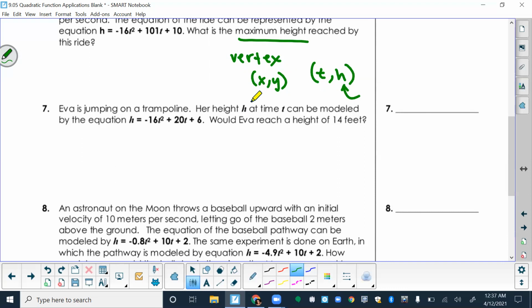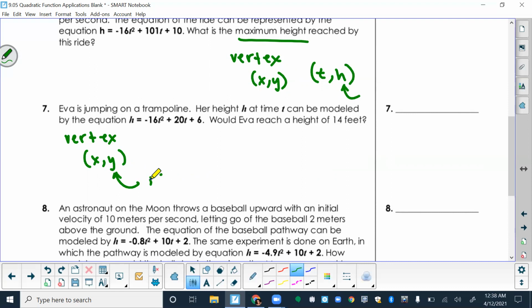For number 7, we have Eva jumping on a trampoline. Her height at time t can be modeled by this equation. Would Eva reach a height of 14 feet? So this one is a fancy way of asking you, would the maximum, so would the vertex, so you need to find the vertex, and given that y is the one that represents the height, is this y value greater than or equal to 14?